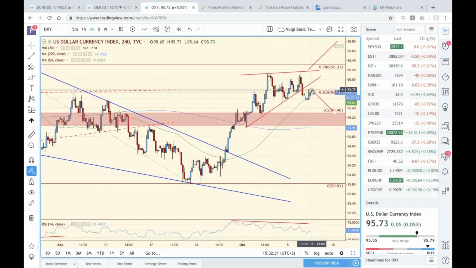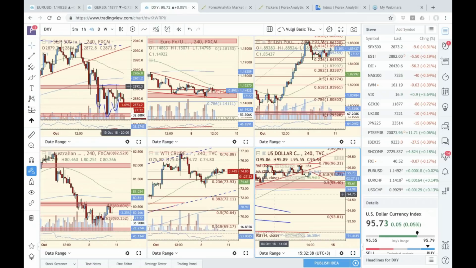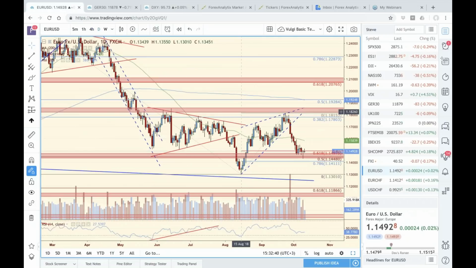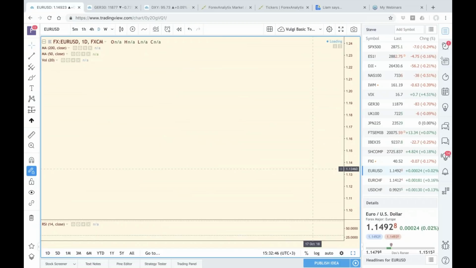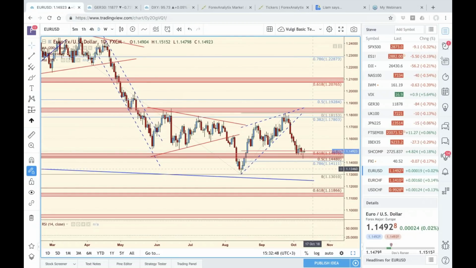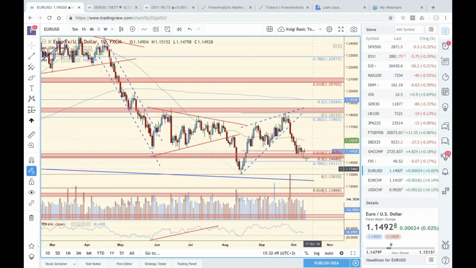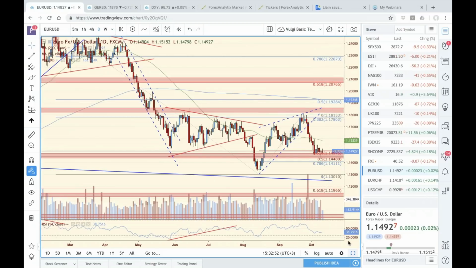Obviously, if that happens, at the same time, we're going to see the triangle in the Euro USD breaking to the upside. So especially given yesterday's non-confirmation of that breakdown, I would be a little bit cautious because we might see some short-term weakness in the dollar and an equivalent rebound here in the Euro USD.